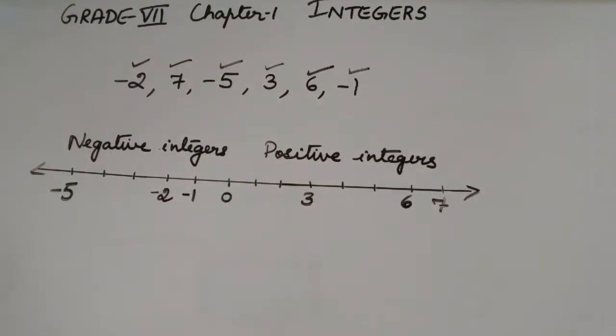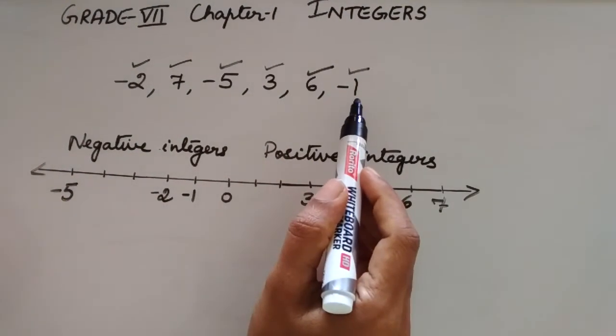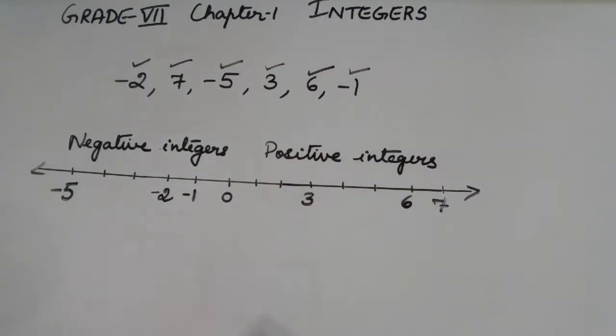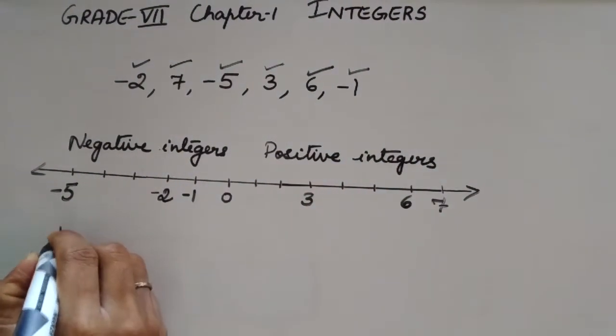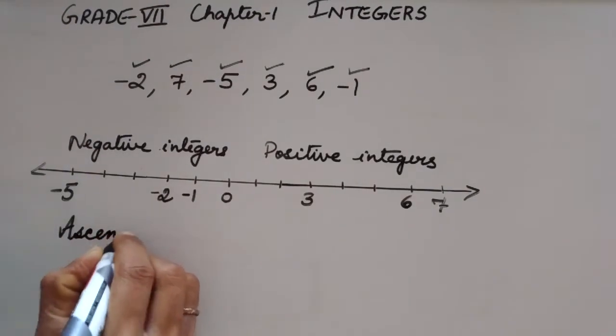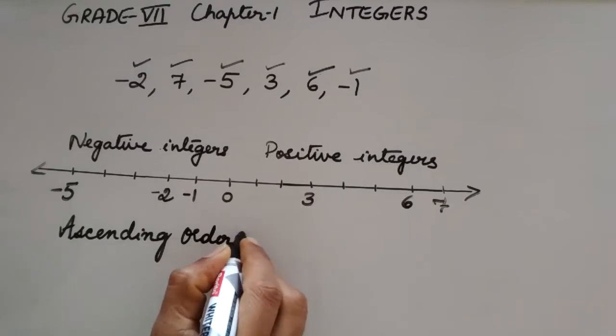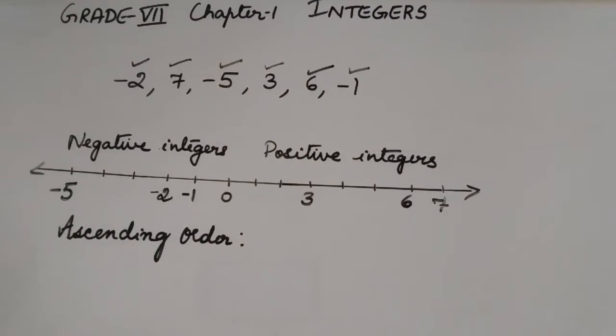Now let us write these set of numbers, that is these integers, in ascending order and the descending order. So now coming to ascending order. What is ascending order? The numbers from small to big, isn't it? Now which is the smallest number here?